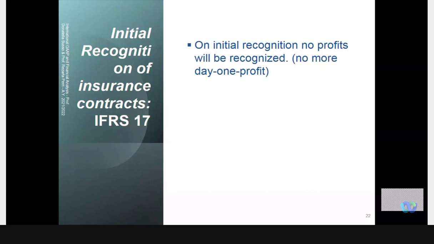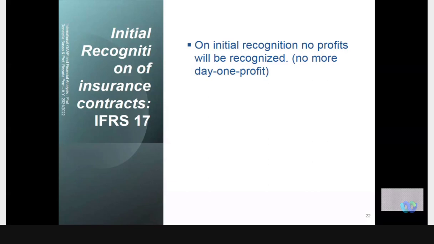And that is the basic idea behind this requirement of IFRS 17. Again, it's not something unusual. It's something that we usually do in financial reporting and accounting. We want to recognize revenues along the period of offering services.